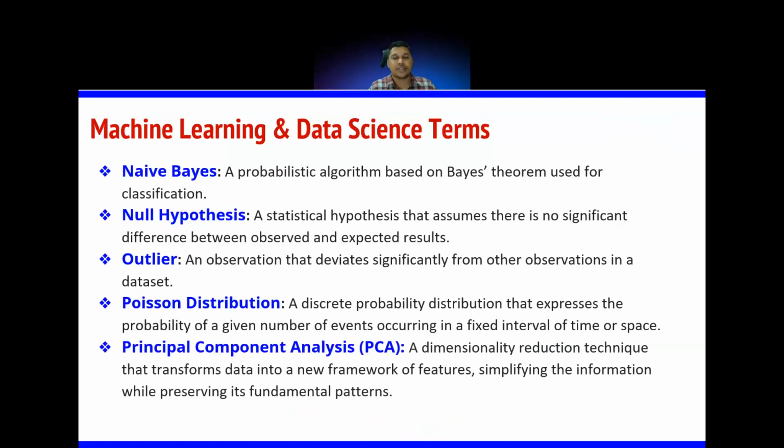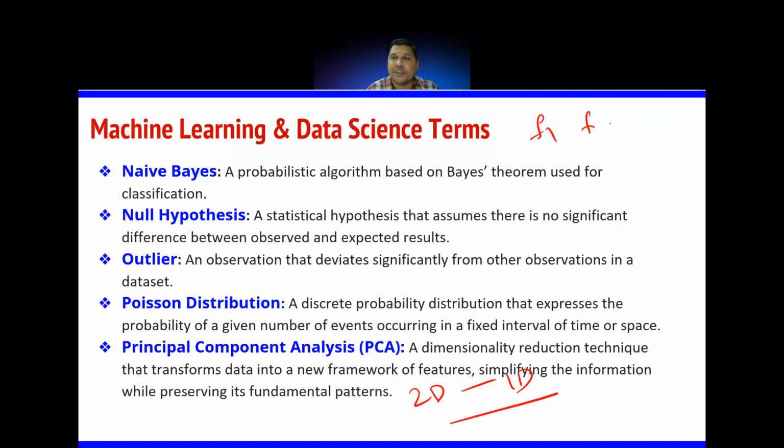Principal component analysis. It is a dimensionality reduction technique: when you have multi-dimensional data, you try to reduce it into lower dimensional data, maybe from 2D to 1D. How do you reduce it? By making sure that the properties of those features are not lost.